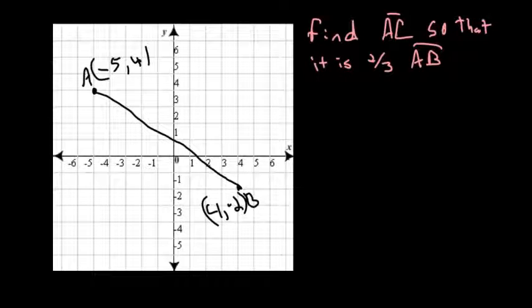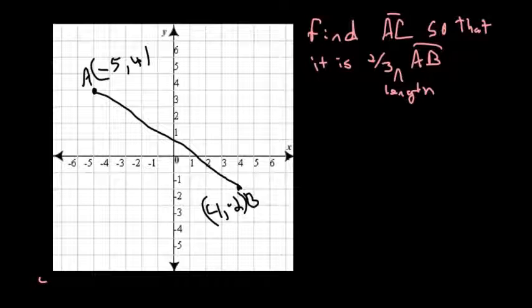Alright, here we're given the line AB, where A is at (-5, 4) and B is at (4, -2). And we need to find AC so that it is 2/3 the length of AB. I didn't put length there, so let's add that in real quick so you can have some good notes. First we're going to find the distances like we did previously, so that we can find 2/3 of it.